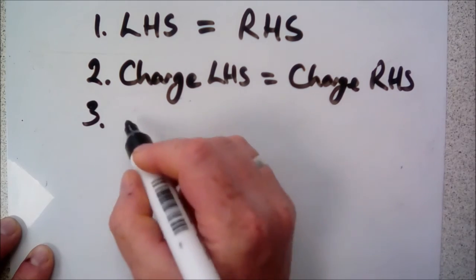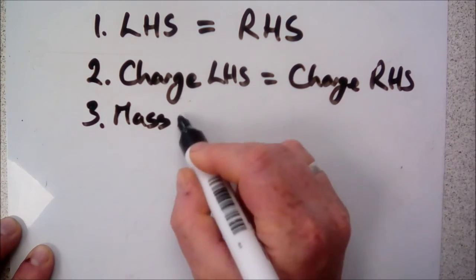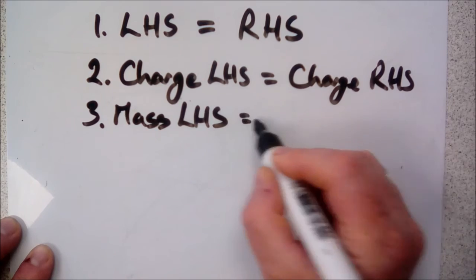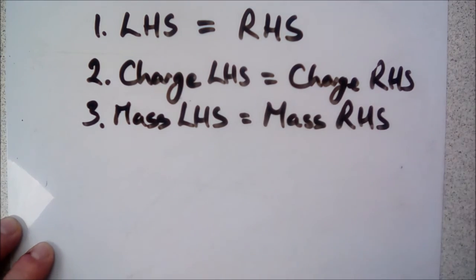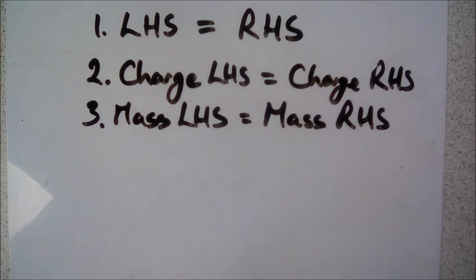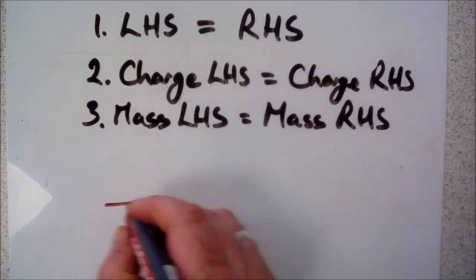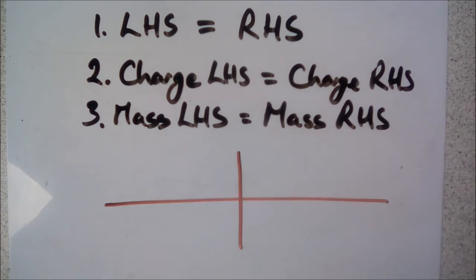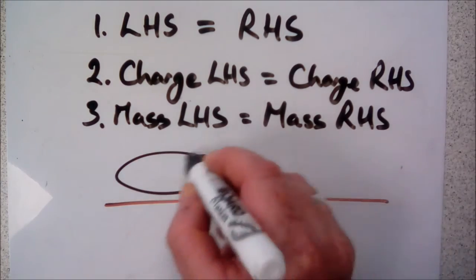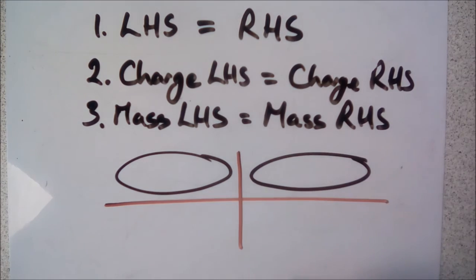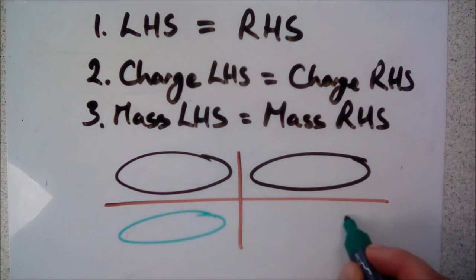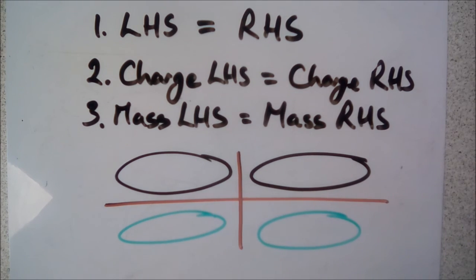And number 3, the mass on the left hand side must equal the mass on the right hand side. And we can summarise that by drawing 2 lines. So this quadrant here must equal what's in this one, and this one here must equal what's in this one here.